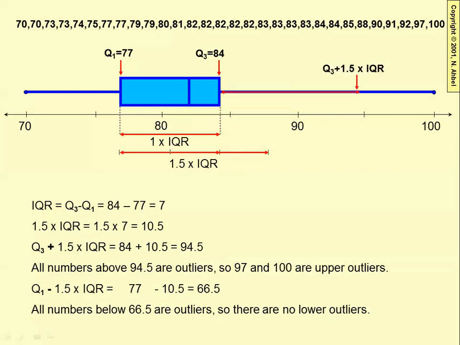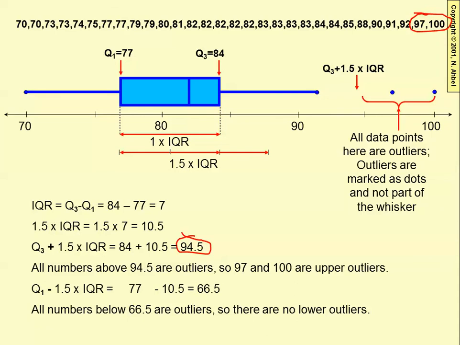The left end of that starts at Q3, and then you can see the graphical representation of Q3 plus 1.5 times IQR. So that's why 94.5 is the upper cutoff, and 97 and 100 are upper outliers.